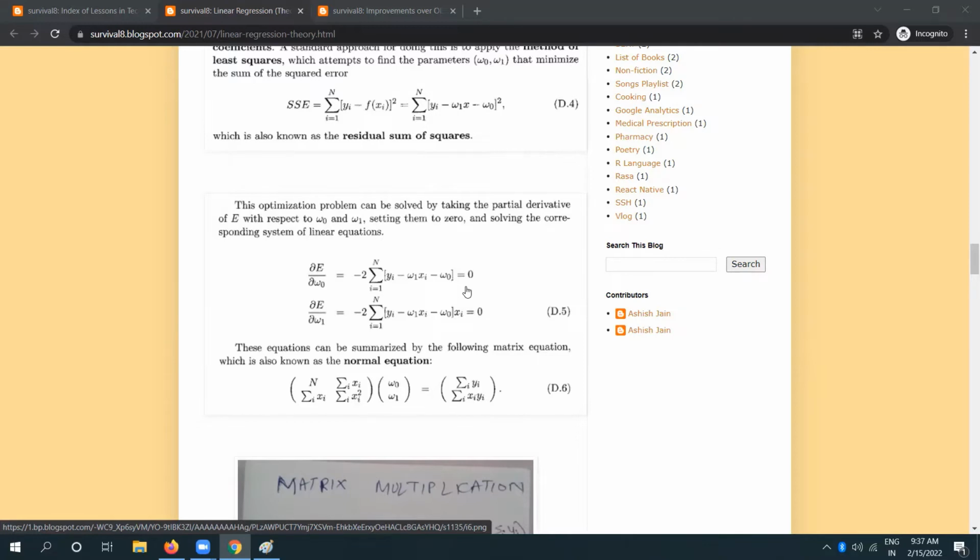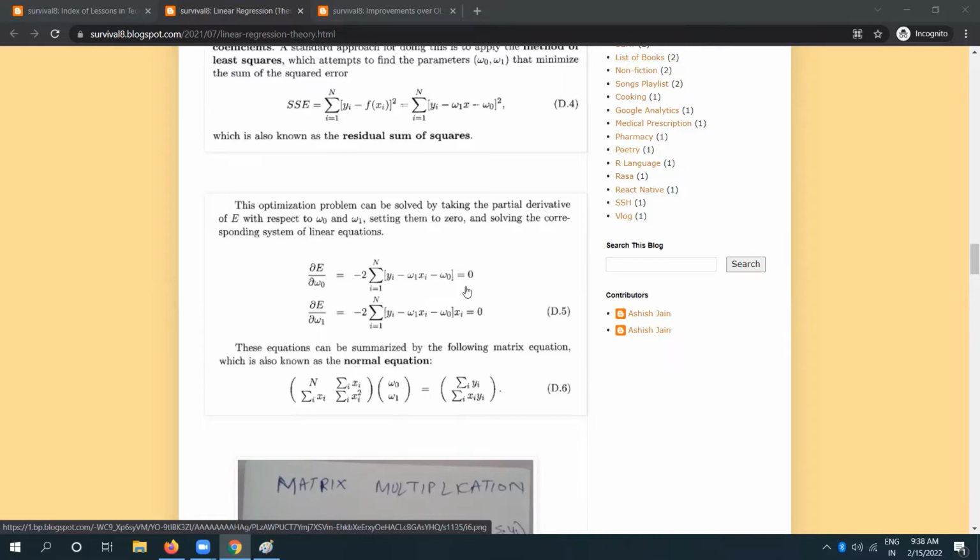This is a concept of mathematics: when you have an optimization problem and your function is in W naught, or maybe just W, and it's differentiable, then when you differentiate the function and set it to 0, you get a maxima or minima of that function. I hope you remember it.